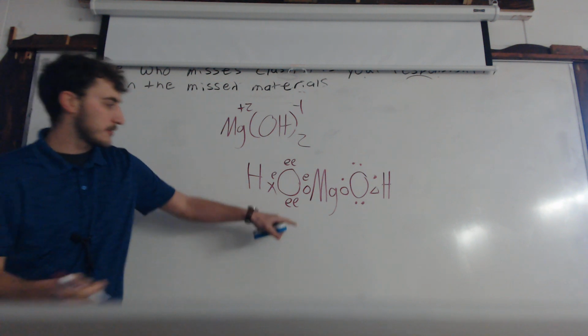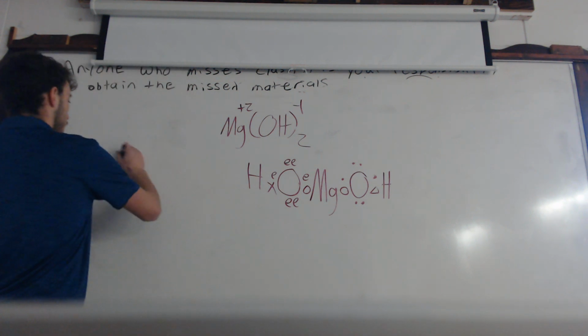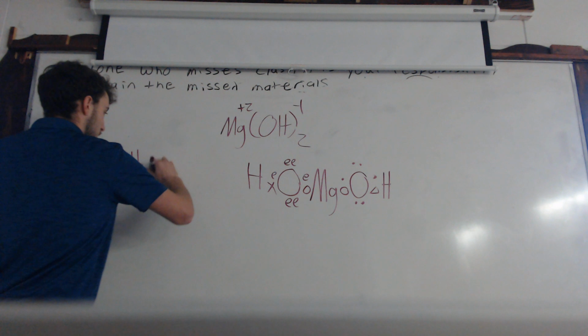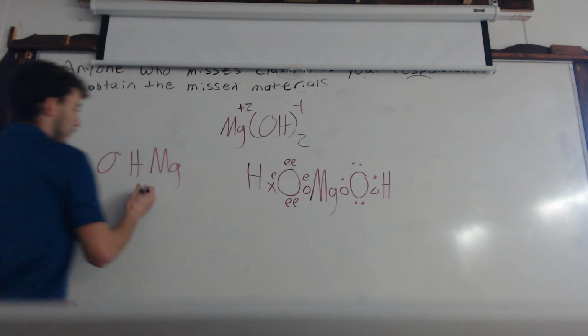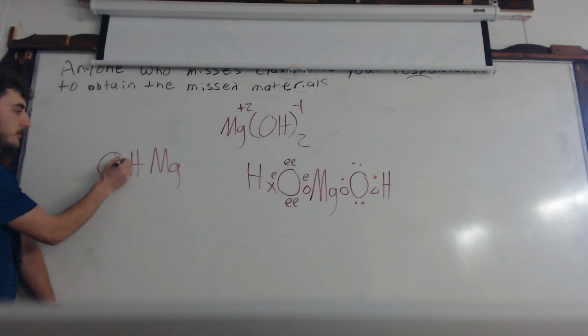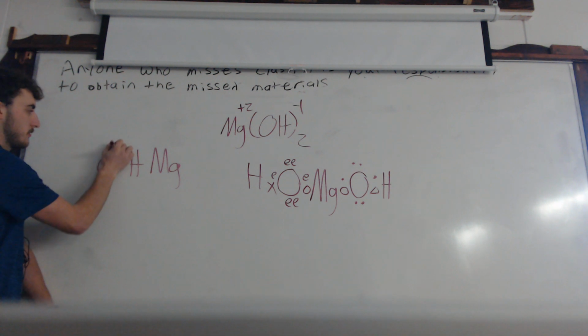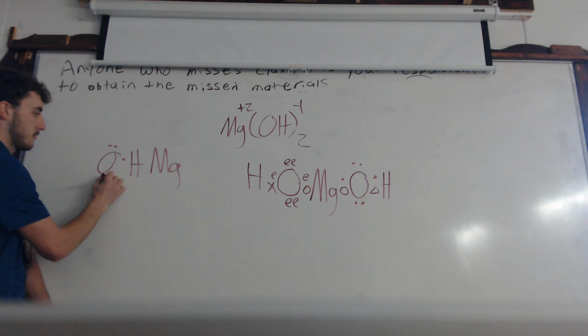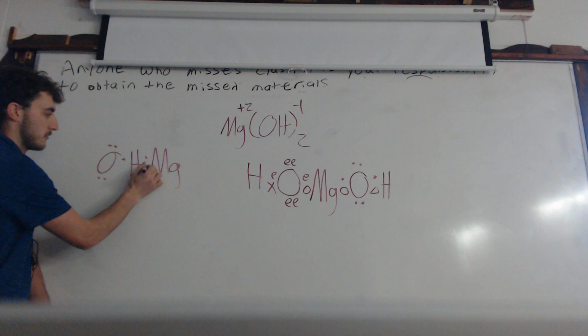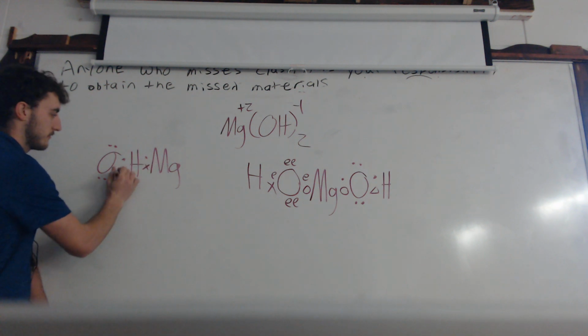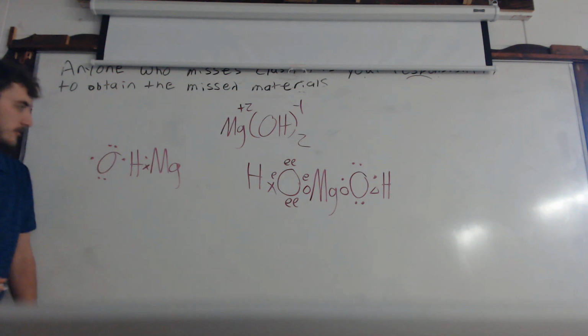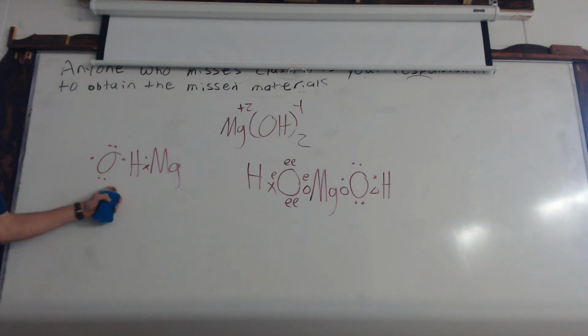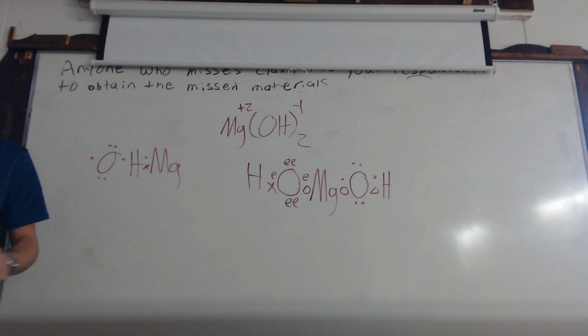Yeah, because if I quickly wrote it down like this, so I put the hydrogen in the middle, well, then this just doesn't work. The oxygen has to be connected to the magnesium. It's cool. Everybody get that?